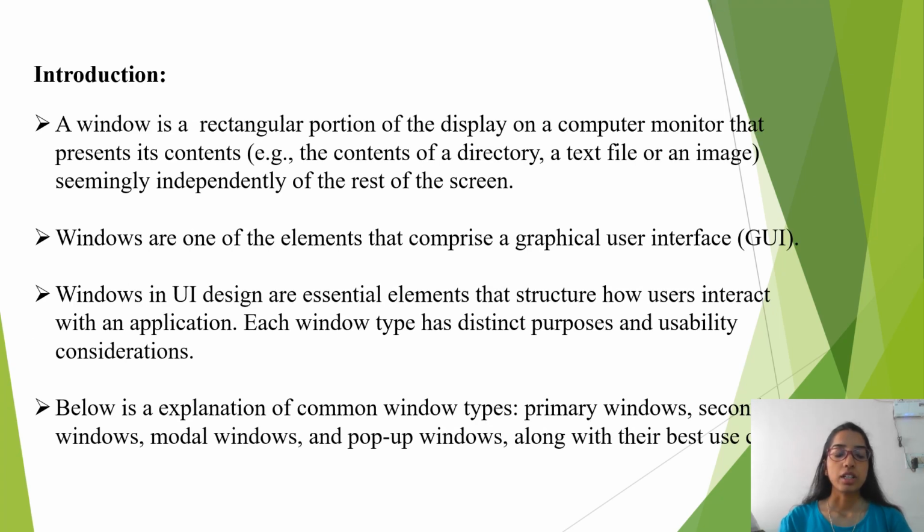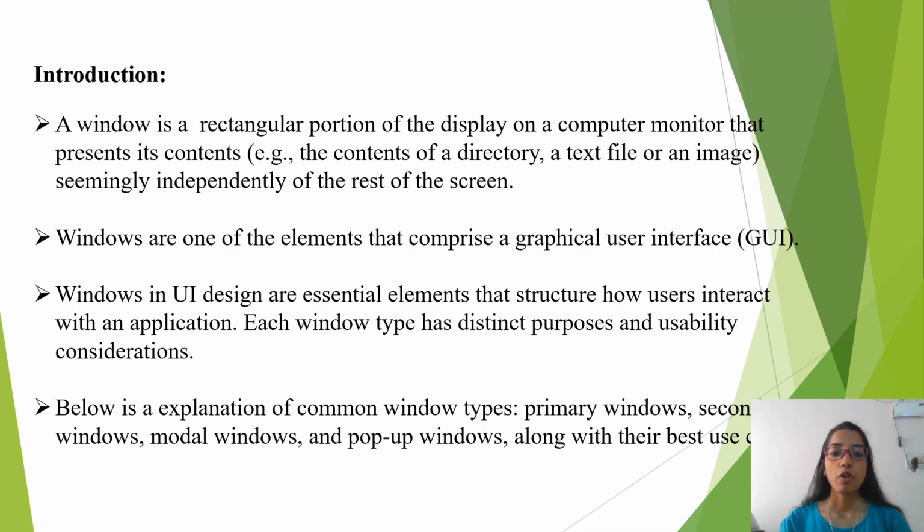So, introduction. A window is a rectangular portion of the display on a computer monitor that presents its contents, for example, the contents of a dictionary, a text file, or an image, seemingly independently of the rest of the screen.